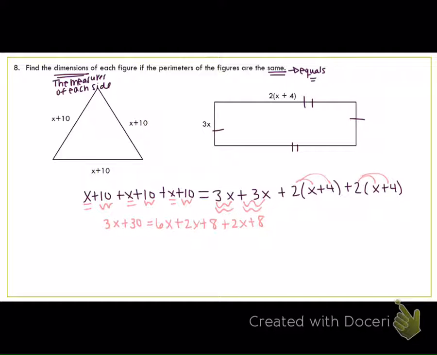So I still have like terms to combine, so continue doing that. So I still have 3x plus 30. 6, 2, and 2 is 10. 8 and 8 is 16.